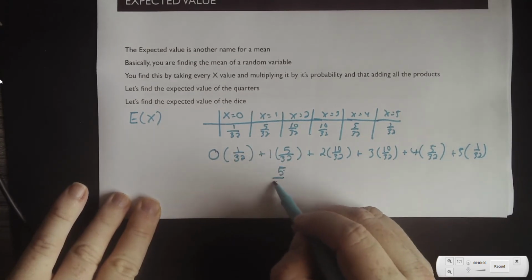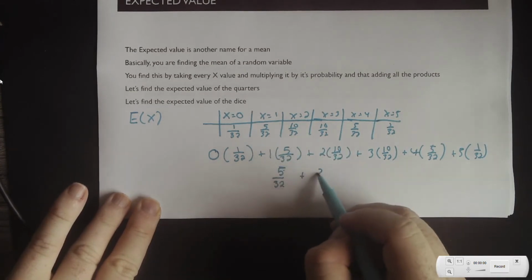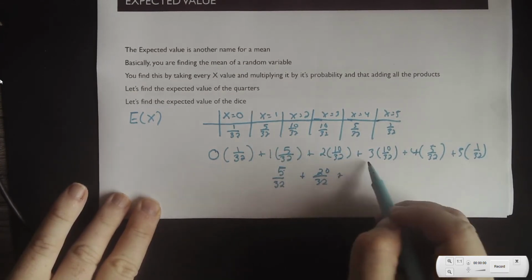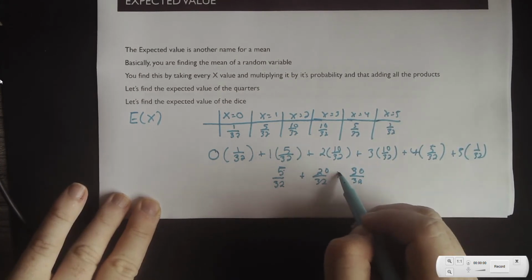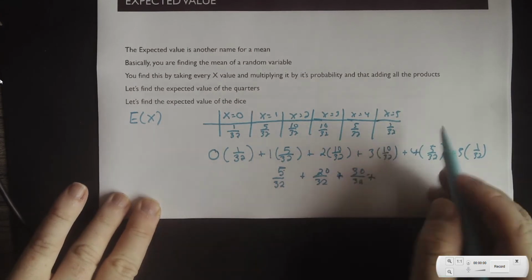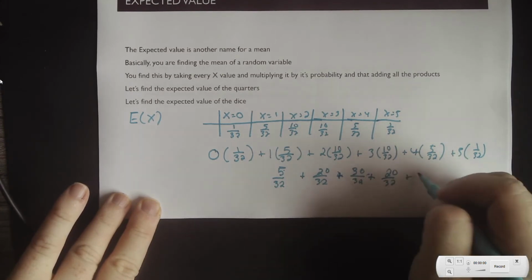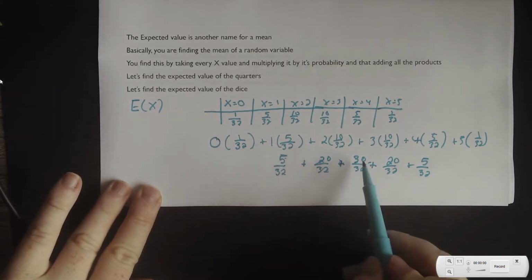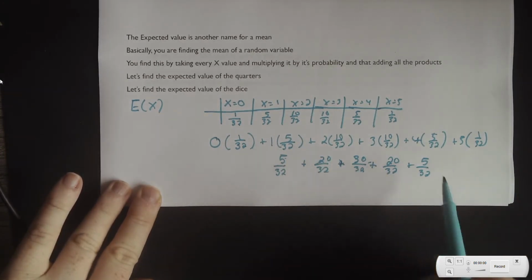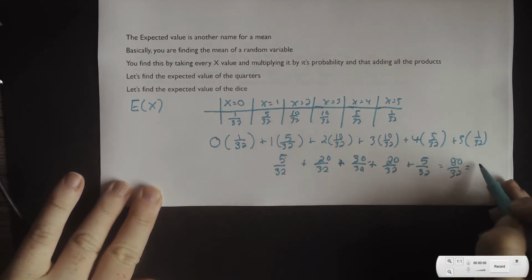But 1 times 5 out of 32 is 5 out of 32. 2 times 10 is 20, so 20 out of 32. 3 times 10 is 30. 4 times 5 is 20. 5 times 1 is 5. So 5 plus 20 plus 30 plus 20 plus 5 gives me 80 out of 32, which is 2.5.